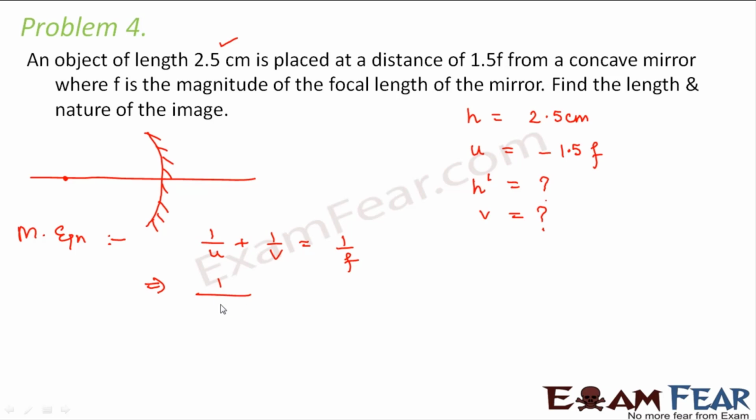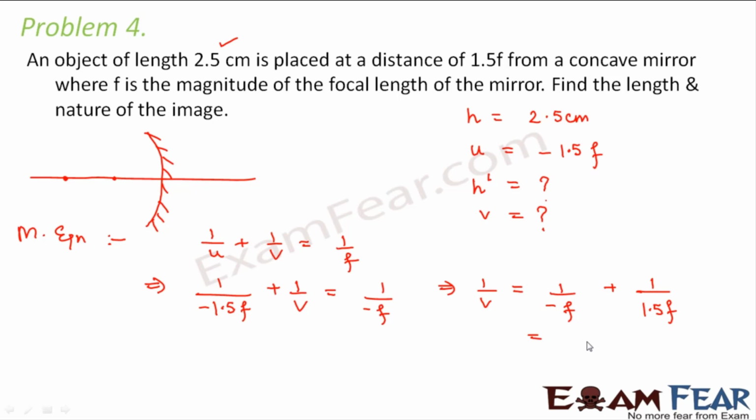From the mirror equation, 1 by u plus 1 by v is equal to 1 by f. So what is u? It is minus 1.5 f, plus 1 by v is equal to 1 by f. Now what would be the value of focal length here? Focus will also be on the left hand side, so this will also be minus f. So from this we can say 1 by v is equal to 1 by minus f plus 1 by 1.5 f.